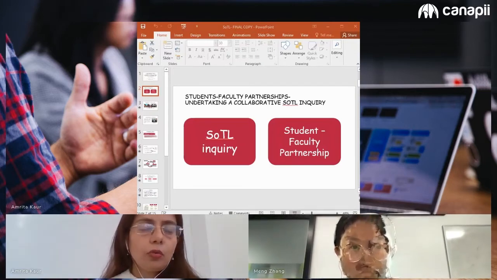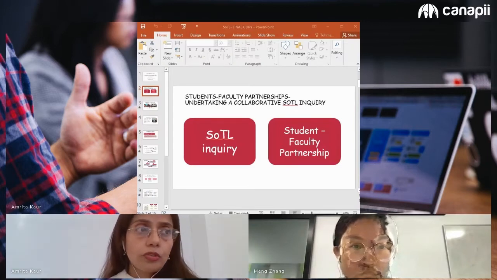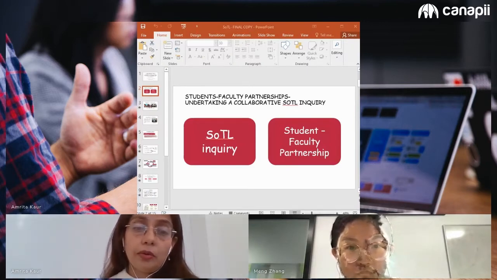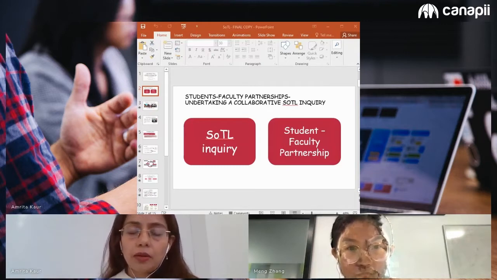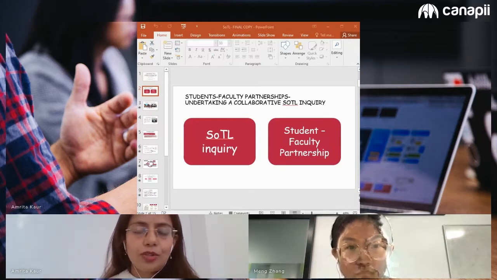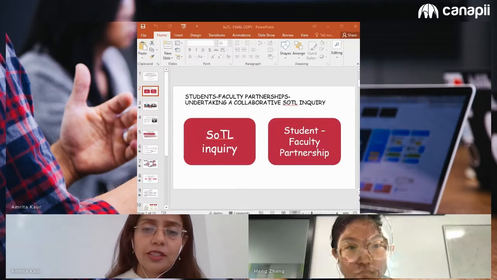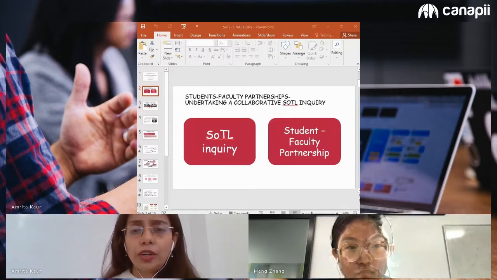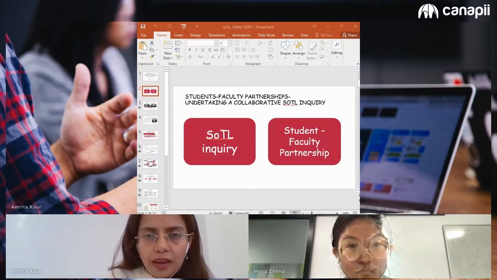It is not new to invite students to collaborate in SoTL inquiry, but what was unique about this collaboration is that me as faculty and my student partners, we tried our best to enact partnership values into it. Partnership values of respect, reciprocity, collaborative inquiries, shared responsibility, so that we made sure we both gave a platform to each other to shape this SoTL inquiry.